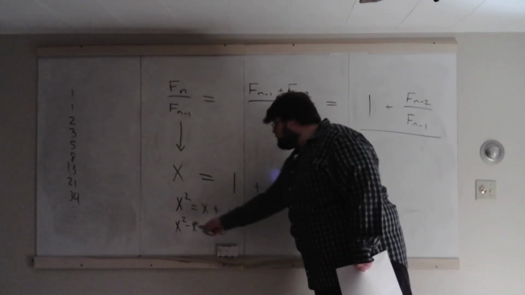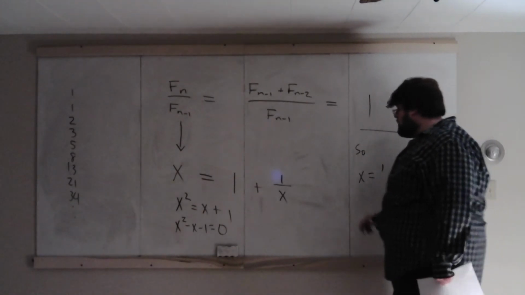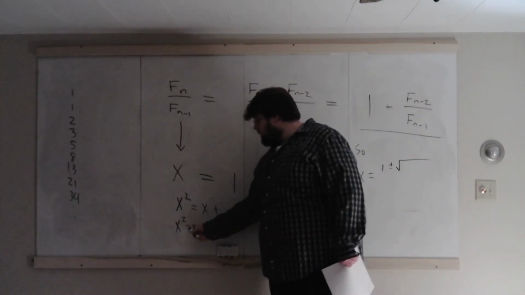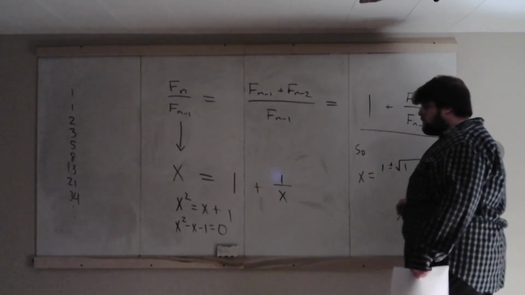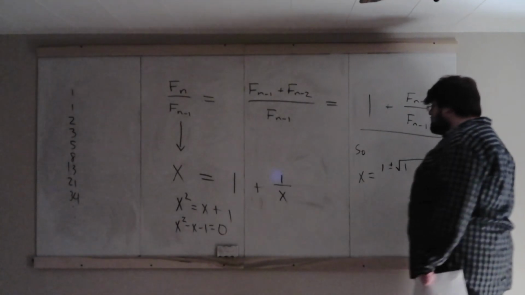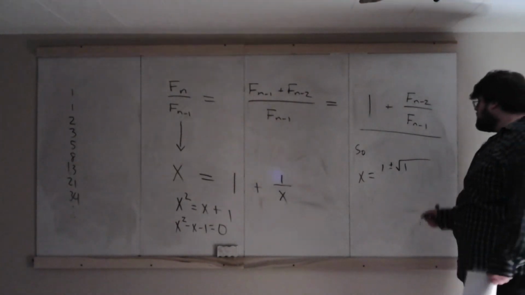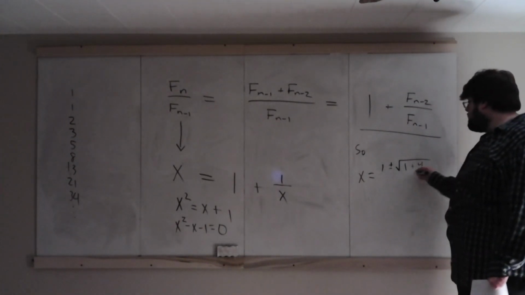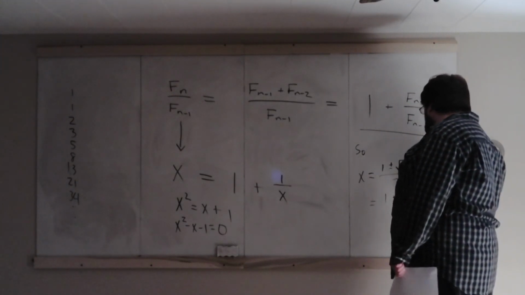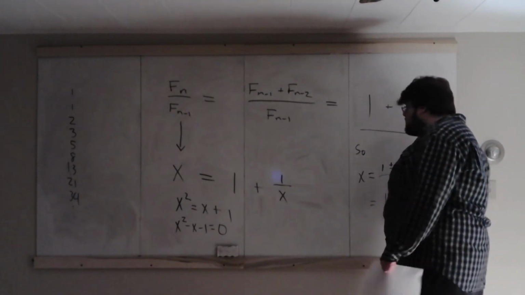Negative middle term, so negative negative 1 is positive 1, plus or minus the square root of the middle number squared. Negative 1 squared is 1, minus 4 times 1 times negative 1. So minus 4 times 1 times negative 1 is plus 4, all over 2. And this equals 1 plus or minus root 5 over 2.